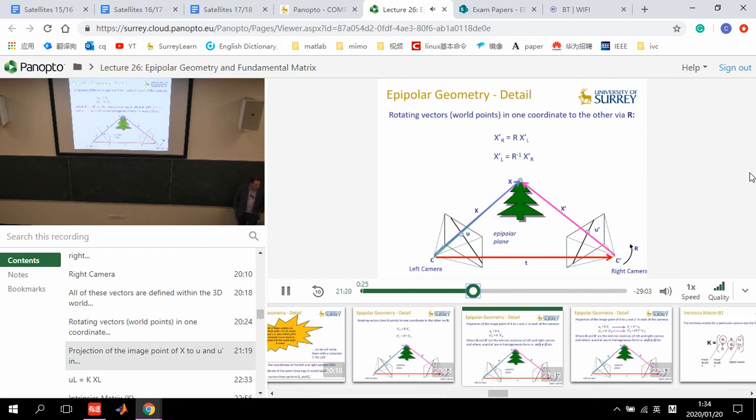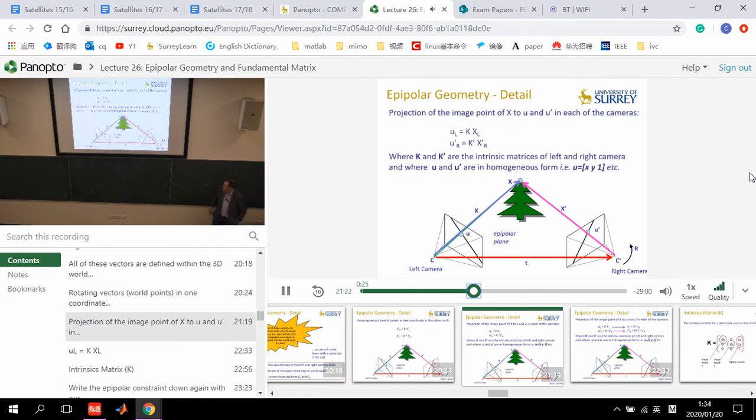Okay. I can also do my projection. If I've got K, which are my intrinsic matrices of the left and right camera respectively, then I can move from the 3D location of that point I'm imaging to my image by pre-multiplying by that K. And I'm going to say that operation gives me UL if I'm talking about the left-hand frame.